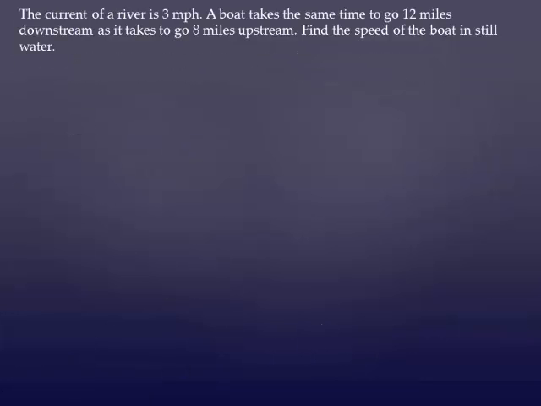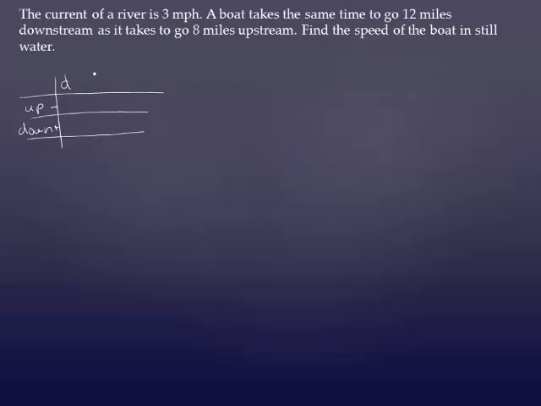If we try another one, we have the current of a river is 3 miles per hour. A boat takes the same time to go 12 miles downstream as it takes to go 8 miles upstream. So we're going to make our chart. We'll have upstream and downstream. Up is subtracting, down is adding.